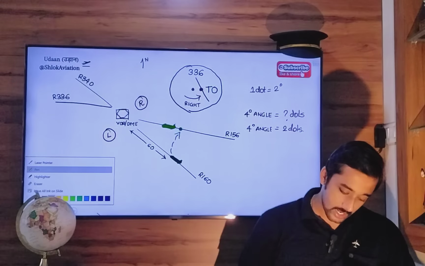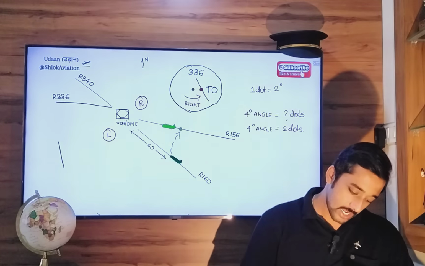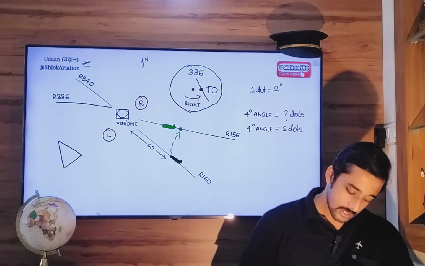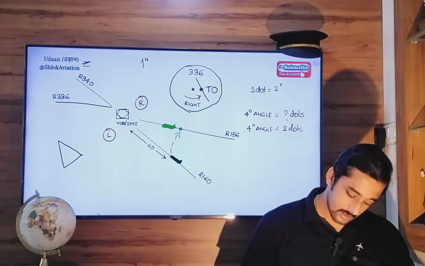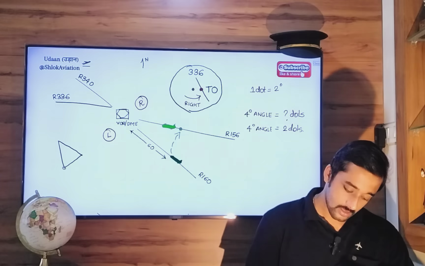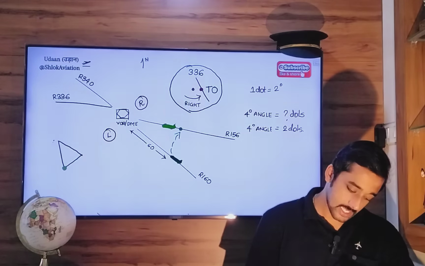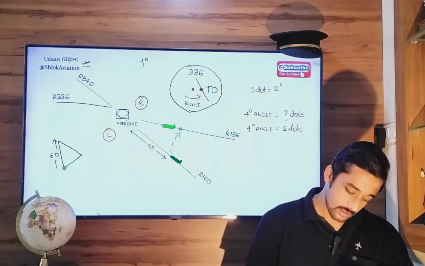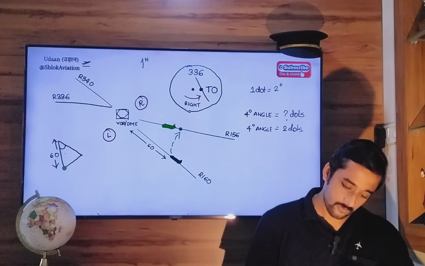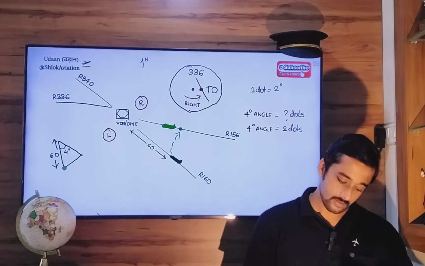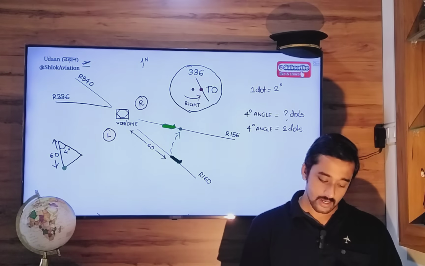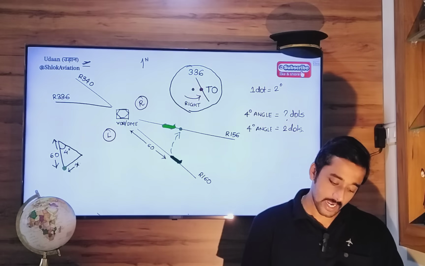So let's draw this triangle. It will look something like this. Your aircraft is currently here. It is 60 nautical miles away as given in the question. The angle is 4 degrees. Correct? We have to find this off track distance.